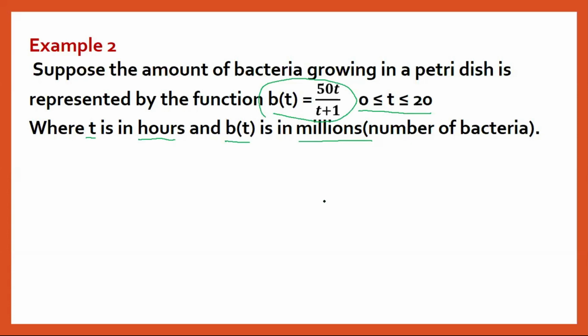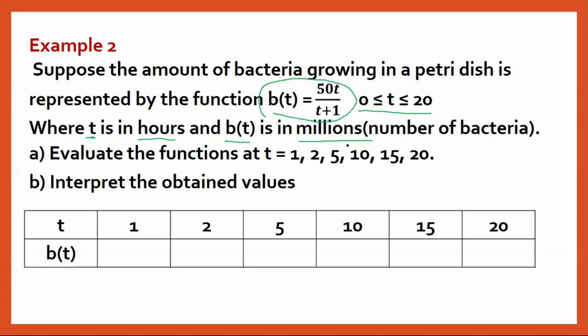Now, in order for us to determine the relationship between the time in hours and the number of bacteria growing in a petri dish, we have to construct again a table of values. And the values for t were already indicated.